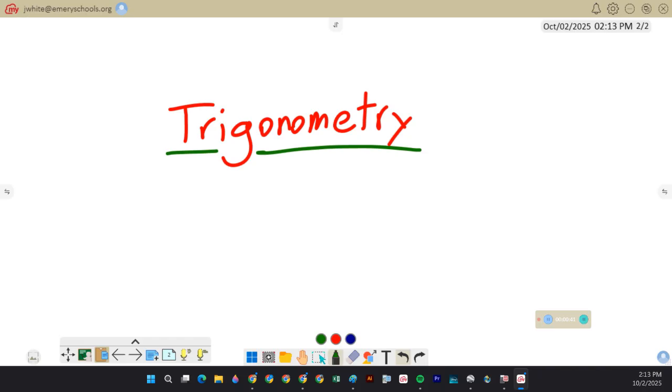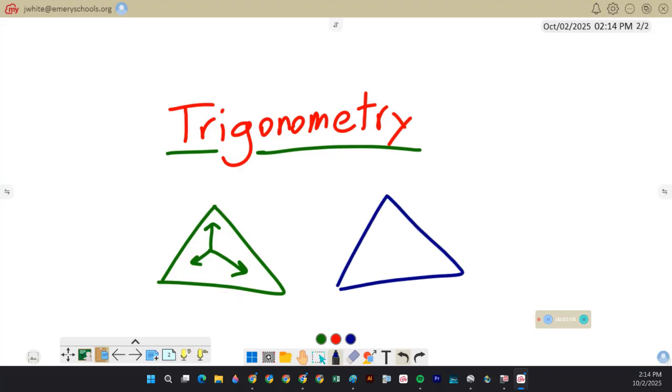So when we looked at triangles, we did a lot of work that had to do with the angles inside a triangle. Right? We know they add up to 180. We did interior angles and exterior angles and lots of stuff like that. We also have done lots of things with the side lengths of triangles.